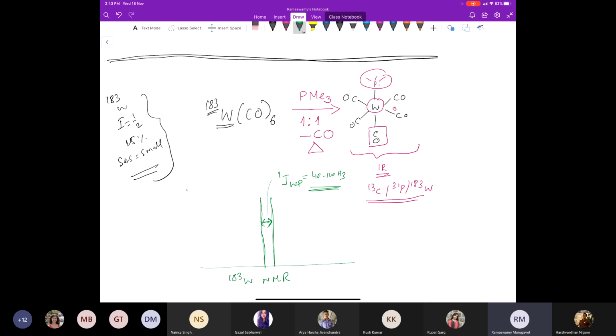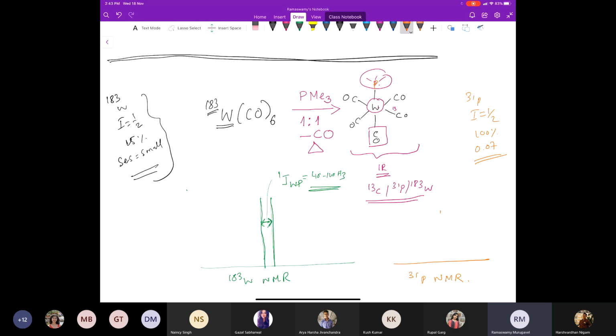If I do the parallel phosphorus NMR, I have phosphorus in every molecule, and every phosphorus atom in solution is NMR active because of 100% abundance. 31P is 100% abundant, I equals 1/2. The receptivity is fairly good, I think 0.07, if I remember right. So that makes it very easy.